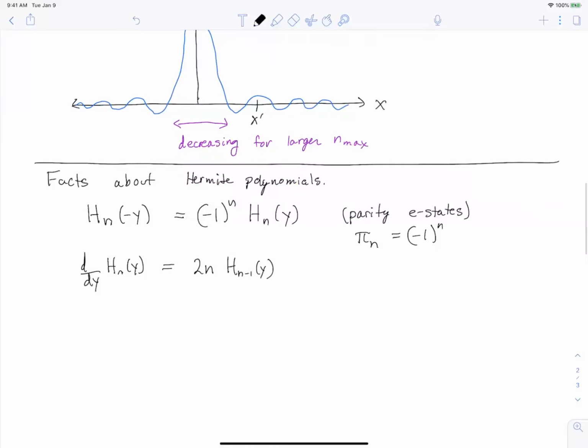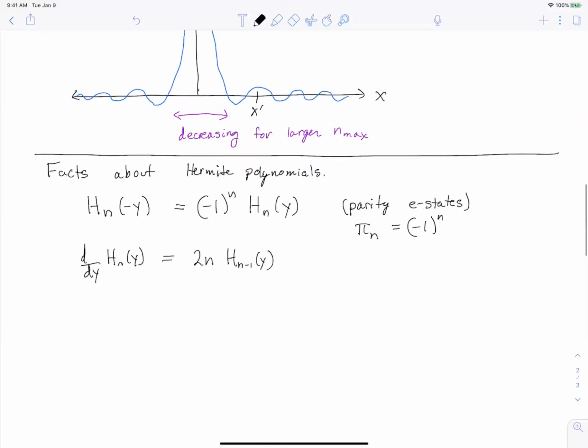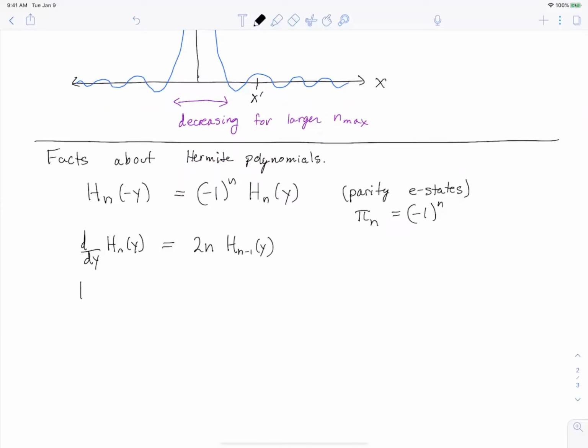If you just plug the Hermite polynomials into the Schrodinger equation and then use this previous equation, you get another fact, which looks like this: H n plus 1 of y is equal to 2y H n of y minus 2n H n minus 1 of y.